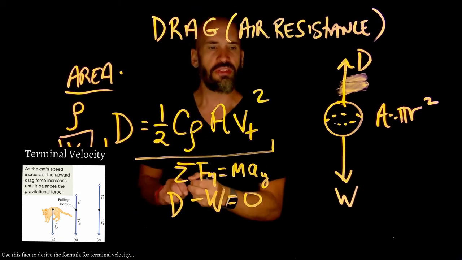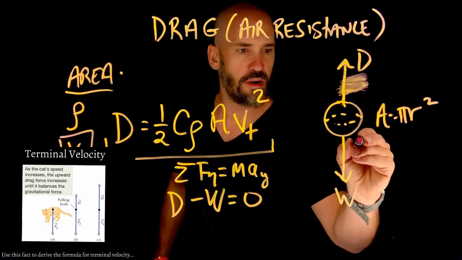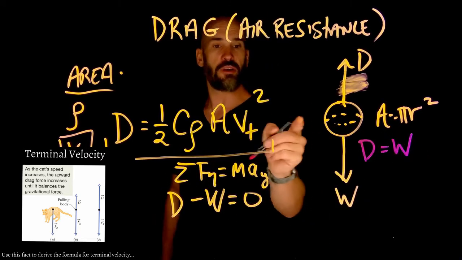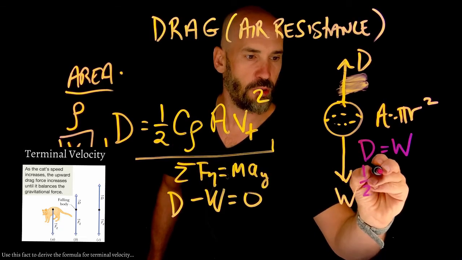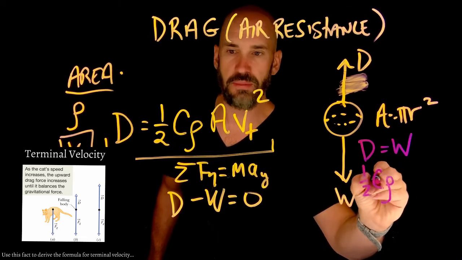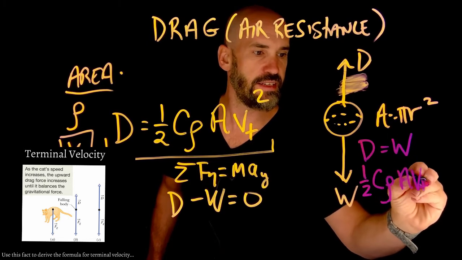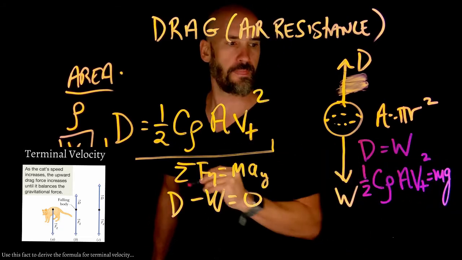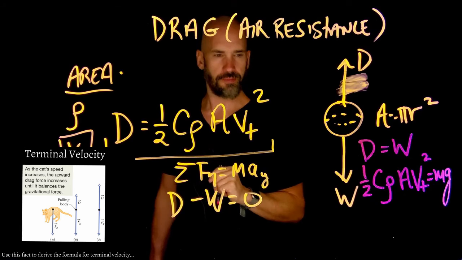That means that at terminal velocity, d equals the weight. Now if I just substitute the stuff in, 1/2 times the coefficient of drag times the density of the medium times A times vt squared equals mg. mg is just the weight.